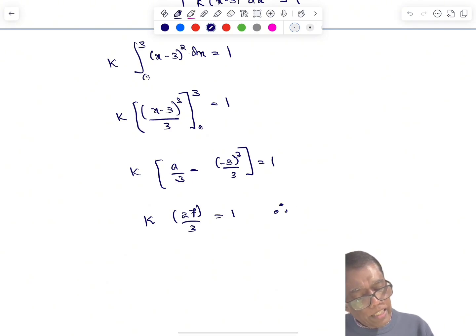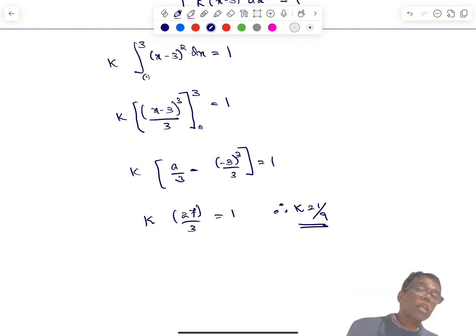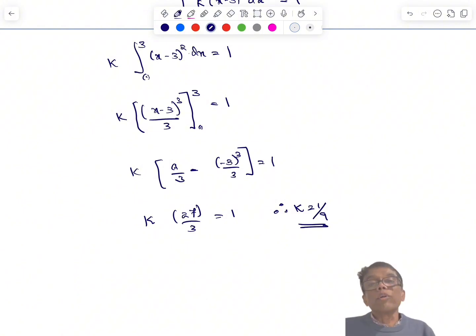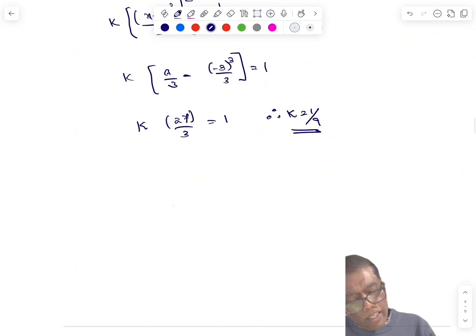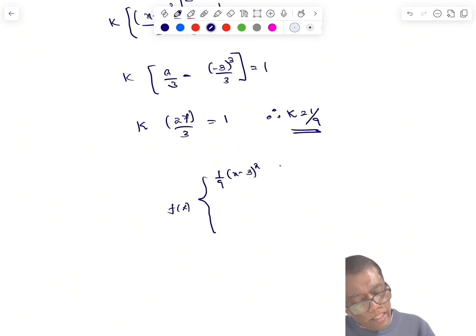Therefore, k is equal to 1 over 9. We have used the total probability equal to 1 to calculate the unknown k. Okay, now we can write the function f of x is 1 over 9 times (x minus 3) squared, where x is between 0 and 3, otherwise it is 0.